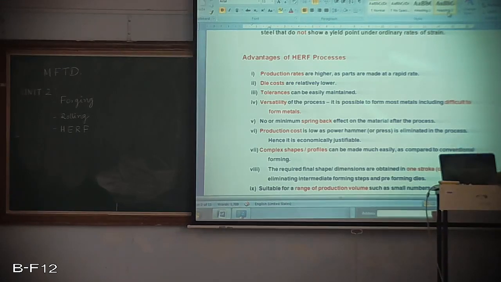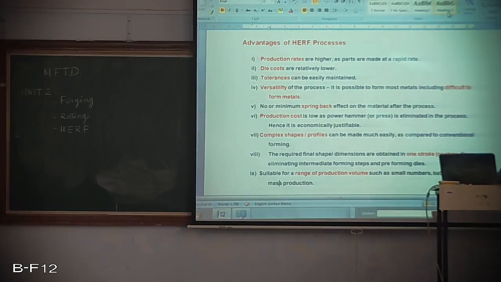So it's suitable for a large range of production volumes, such as small numbers, job type production, or medium number of parts made, that is batch size production, or large number of parts made in a given time, or mass production.